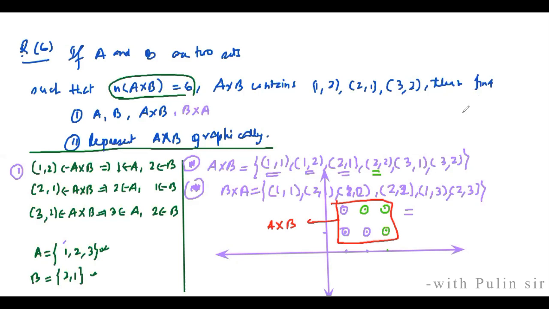Now you can ask me one more question. I don't know whether it is coming or not. Supposing that instead of giving elements like 1 comma 2, somebody gives you A cross B, with elements a, b and then b, c. How will you plot it? No issue.